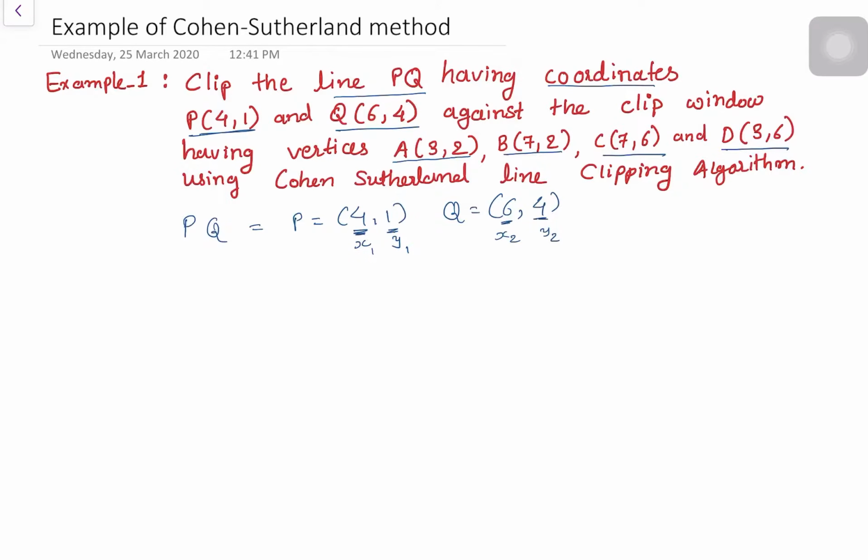This is our first. So we have the line P(4,1) and Q, that is (6,4).